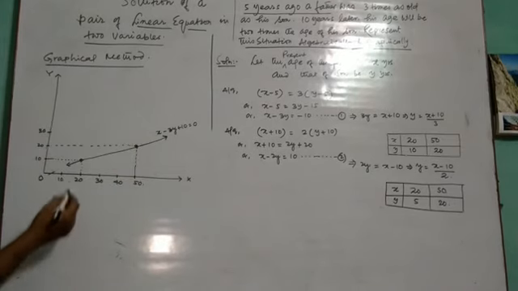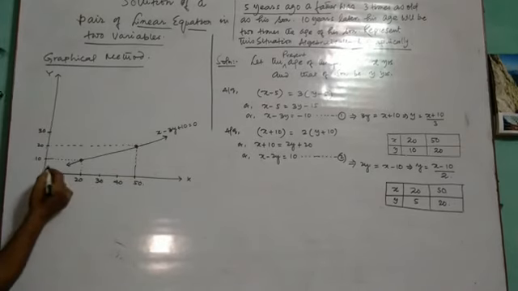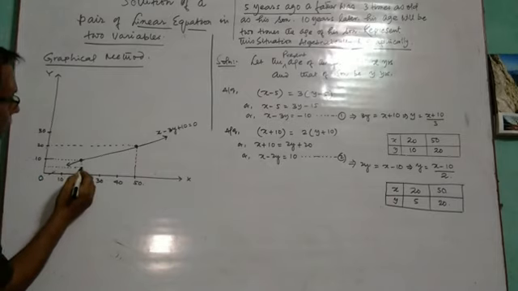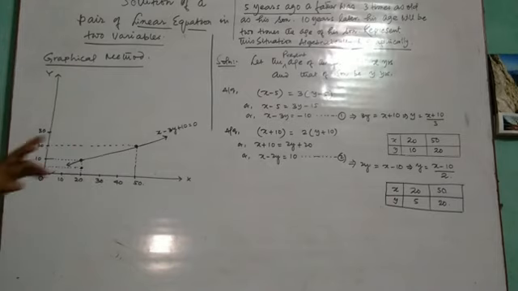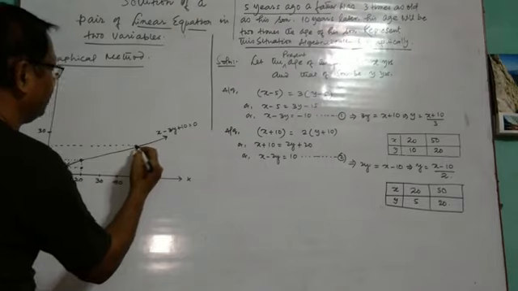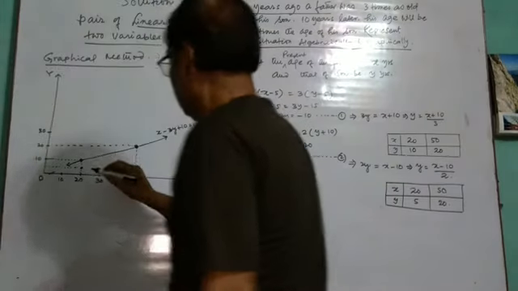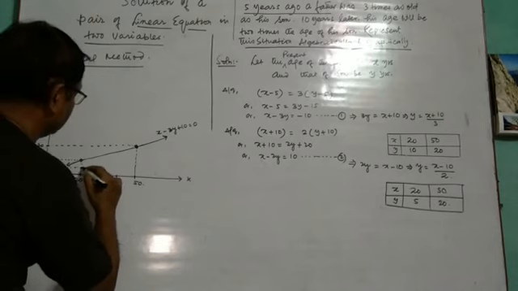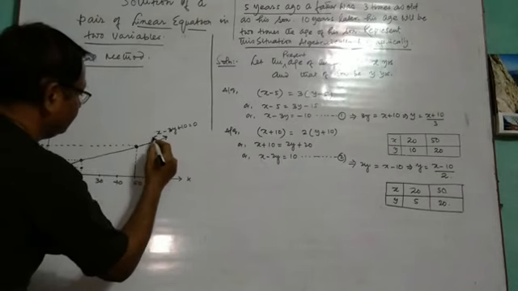20 comma 5, and 50, 20, the same point, 50, 20. We will join these two points again with the help of the scale very cautiously.